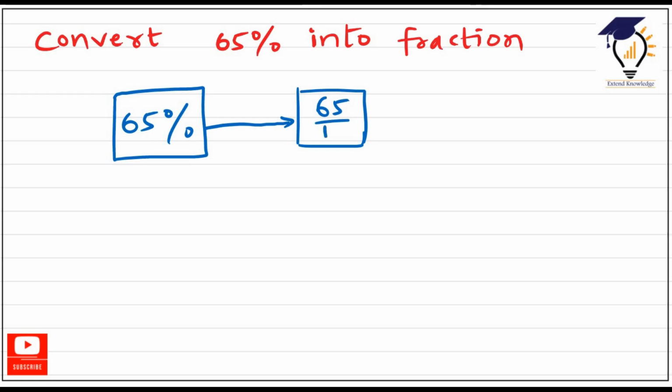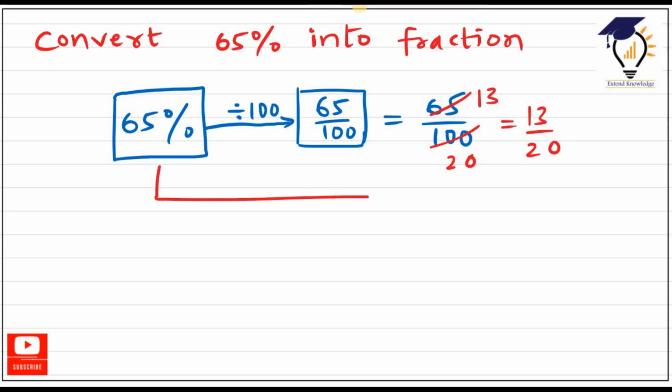So 65 by 100, which we can write in the simplest form. So cancel that. 5 is a factor here. So 5 times 20 and 5 times 13. So 13 by 20 is the simplest form of 65 percent.